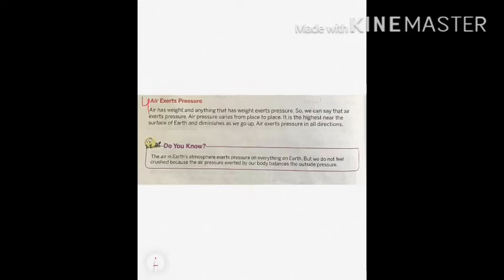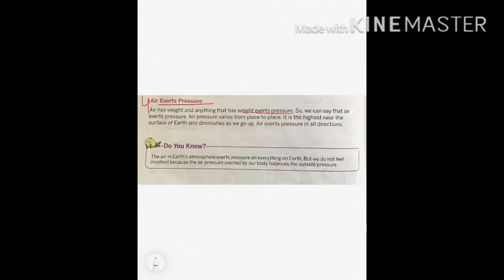All right, students, now let us learn the next property, the fourth property. Air exerts pressure. Now, anything which has weight exerts pressure. Even our body has weight, so our body also exerts pressure.